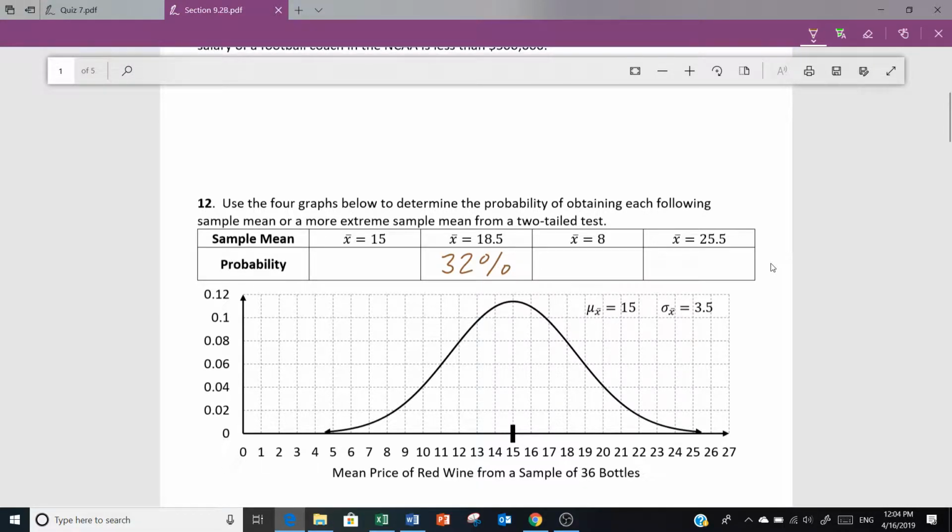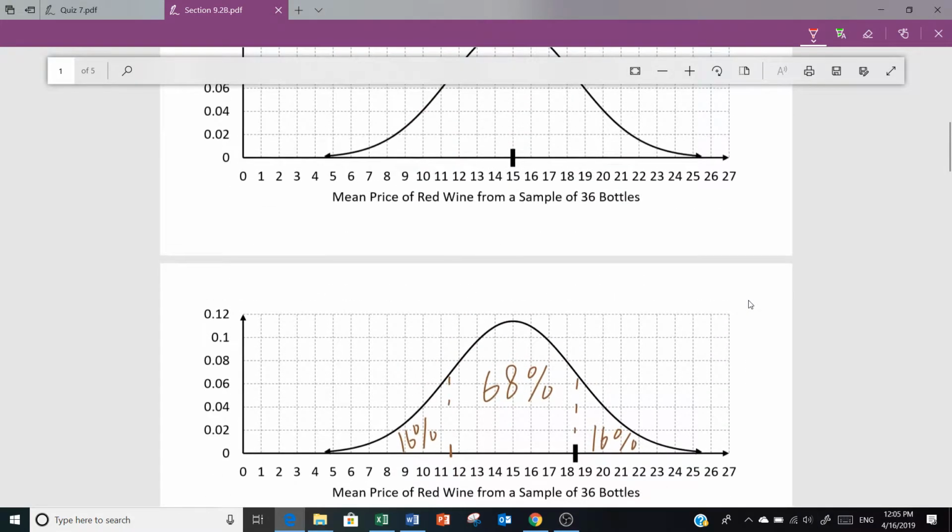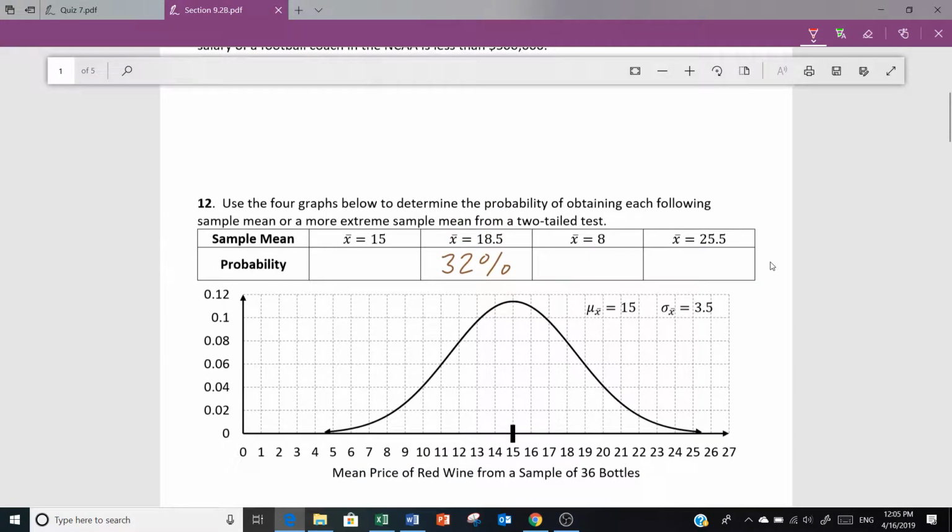It's 95. 99.7. I'm going to try to do these two first before we get there.